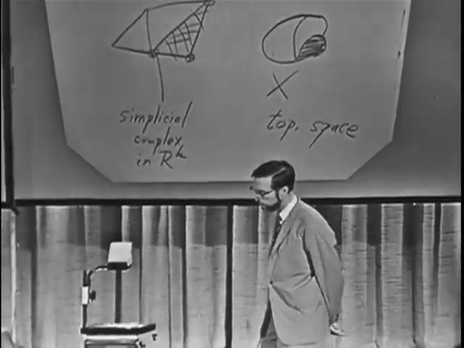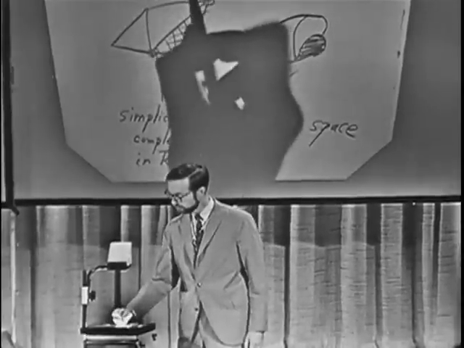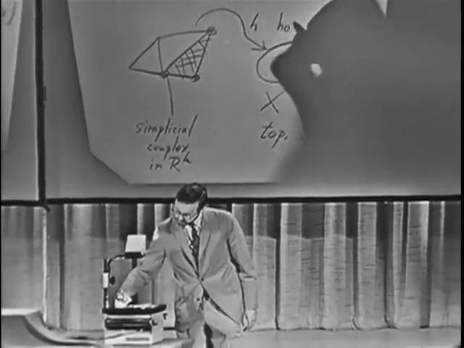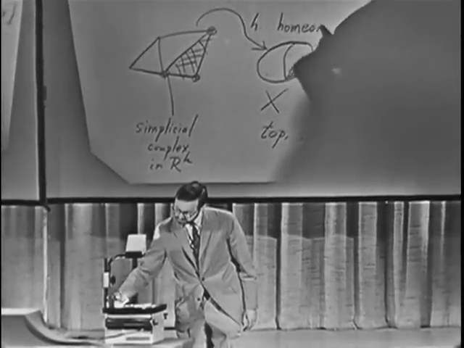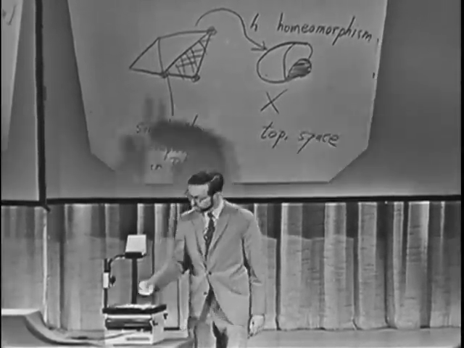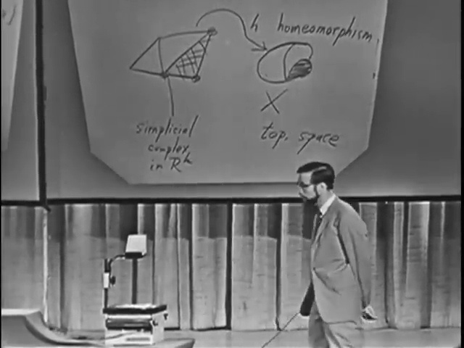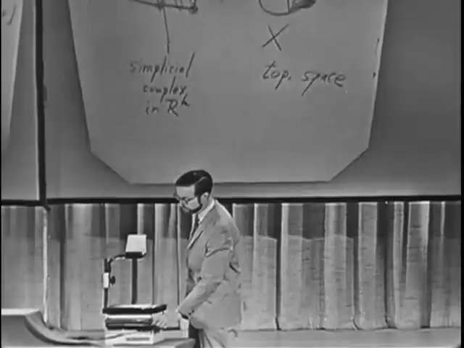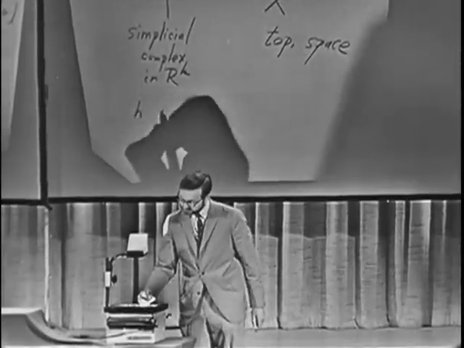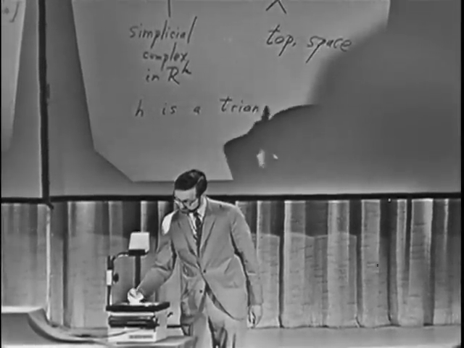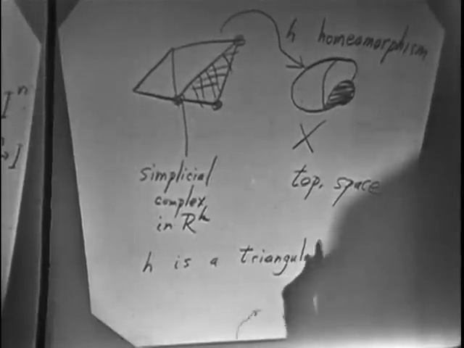And now suppose that we have a homeomorphism from one to the other. And such a homeomorphism is called a triangulation of X by definition. H is a triangulation.